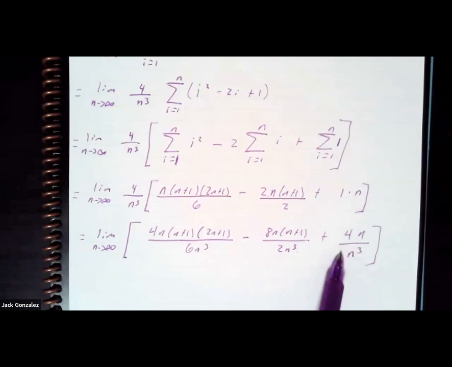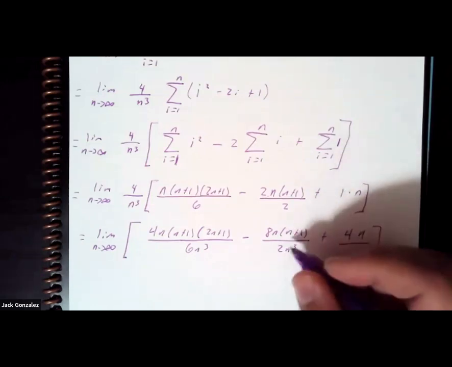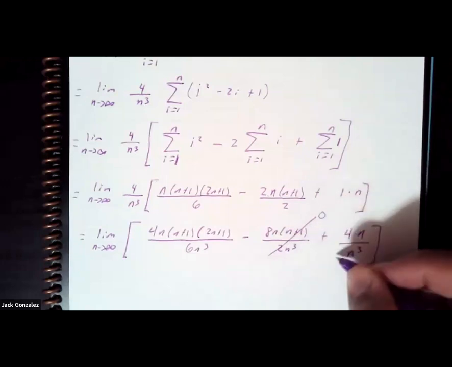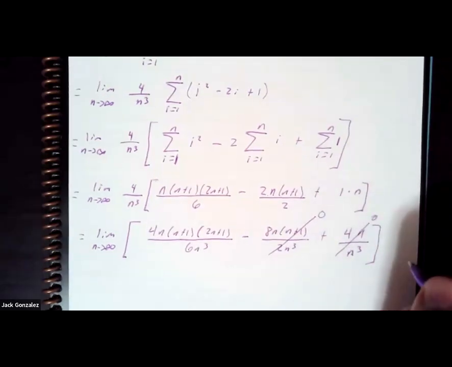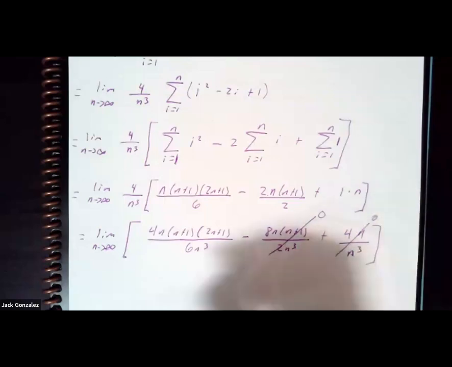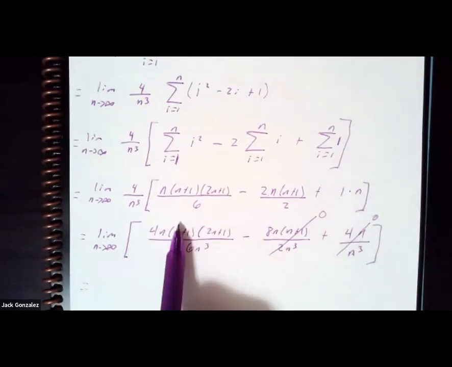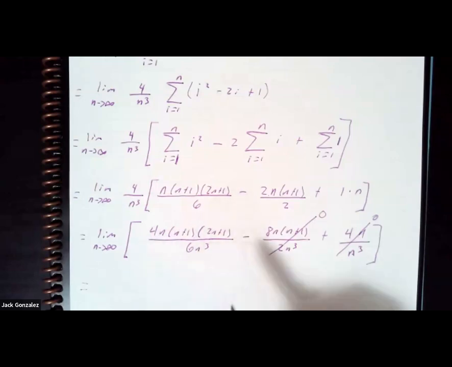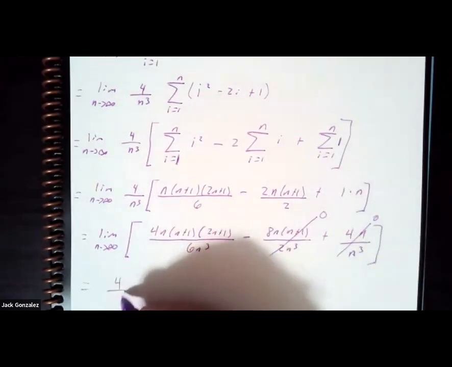This will grow faster. So when you take the limit, these will be 0. These have the same degree. So when they match up, you just take the coefficient. So the answer would be 4 over 6.